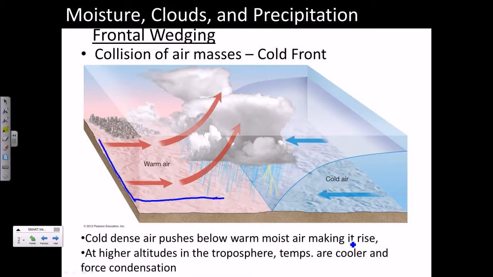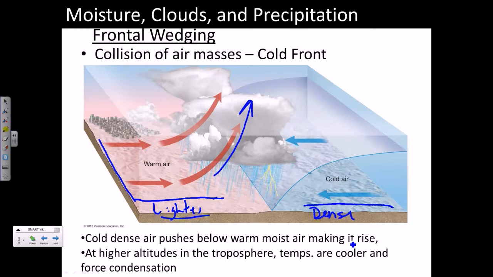And on the right-hand side in this diagram, we have cold, dense air. So this is more dense, and this is lighter. Okay. And so what happens when you get warm air that's lighter or less dense colliding with cold air on the right-hand side? Well, they're not going to stop at the Earth's surface. One of them's going to go up, and it's the lighter one that heads up.